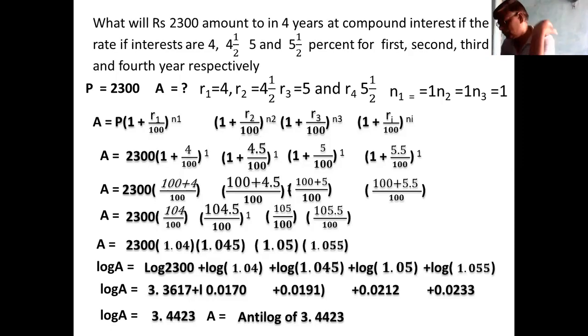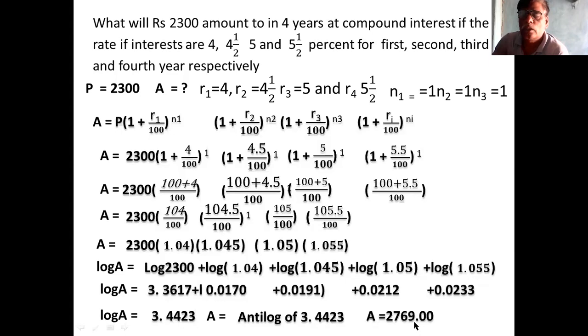What is the answer? 2769. 2769 is the number, then characteristic is 3, and you give the decimal point after 4 digits. 1, 2, 3, 4. Then 2769 is the answer.